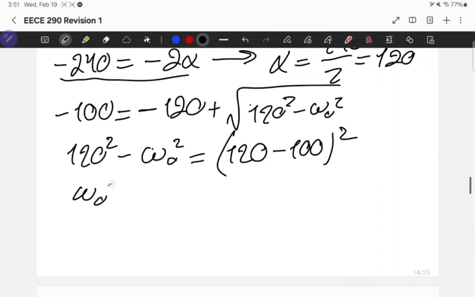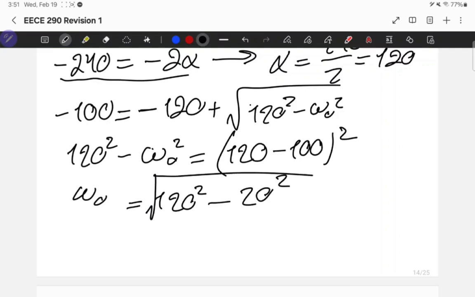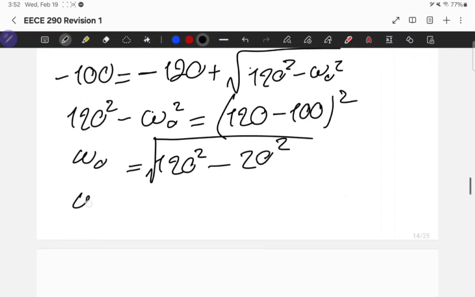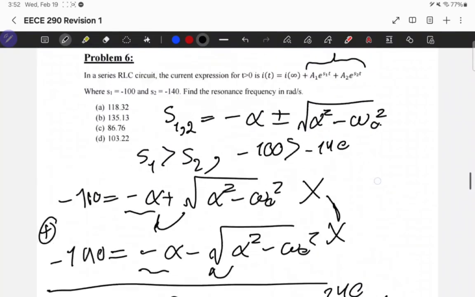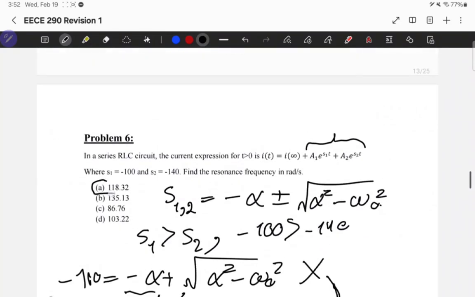So omega 0 square is equal to 120 square minus 20 square, since 120 minus 100 is 20. Remove the square by doing a square root on the other side. Omega 0 is equal to the square root of 120 square minus 20 square, which is 118.32 radian per second. So if I look at my answers, this is going to be answer A.